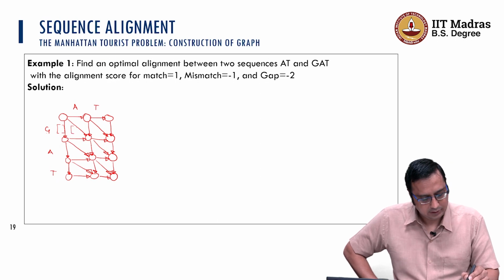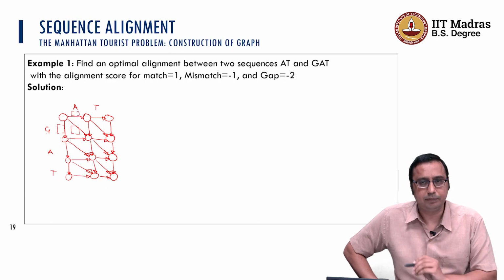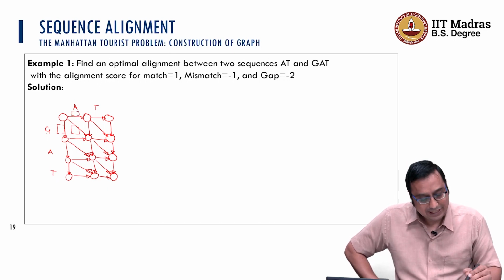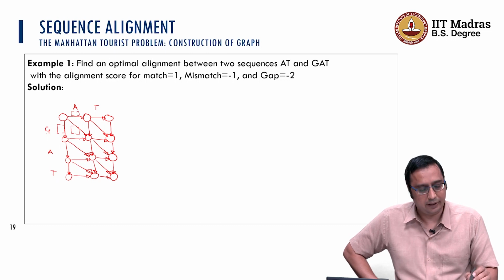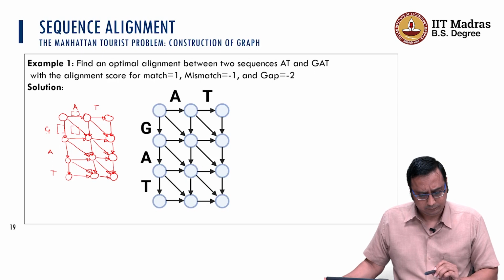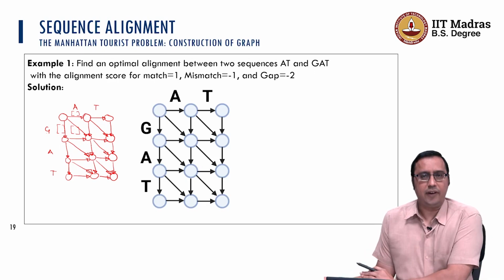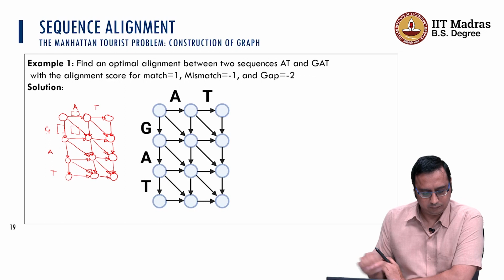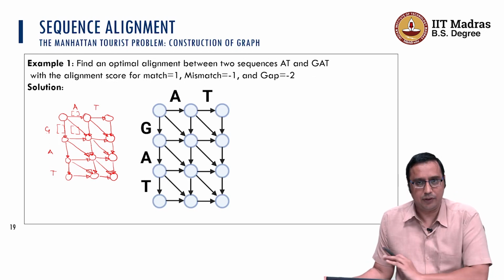Similarly for this one and for this one. And in similar manner for each of these edges, I can provide an alignment pair. So this is a more refined drawing, which is similar to this one.